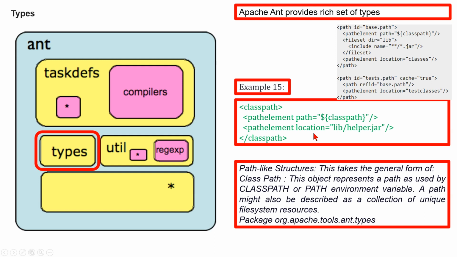while the path attribute accepts a colon or semicolon separated list of locations. The path attribute is intended to be used with predefined paths. In any other case, multiple elements with location attributes should be preferred.